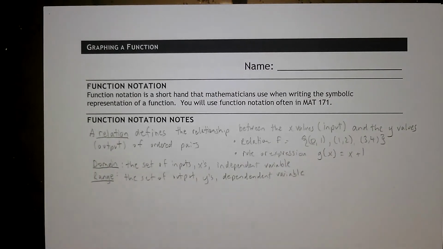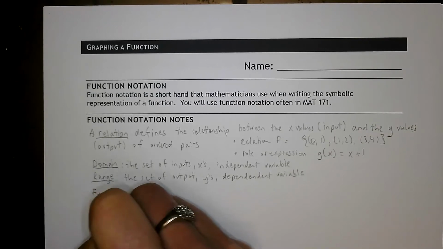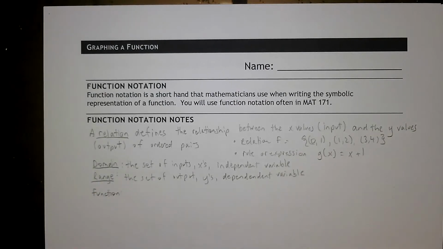Now we finally get to function and its definition. Here we go. So the definition of a function. So much of what you're going to learn in Math 171 is all about functions. So this is kind of getting right to the grit of what you're going to do in 171.